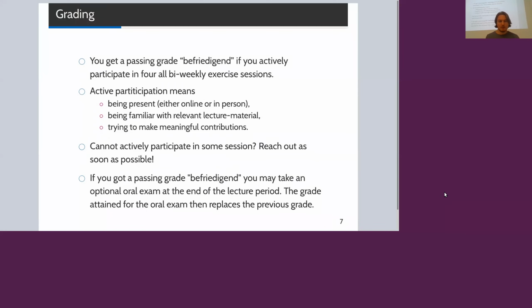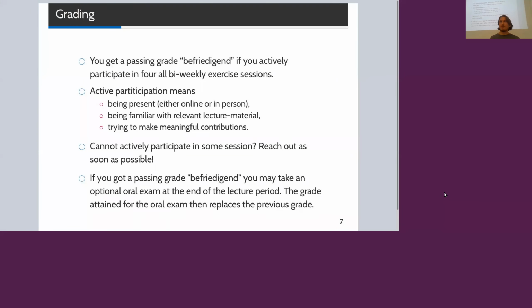Okay. So this is what I wanted to talk about next. The way it works is that you get a passing grade, like a 3 befriedigend, if you actively participate in all the bi-weekly exercise sessions. So I think there will only be 4 exercise sessions, and you should actively participate in those.